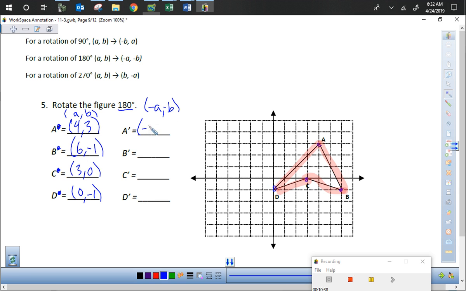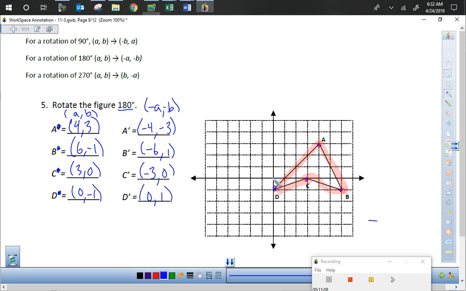So first up, the opposite of 4 is -4. The opposite of 3 is -3. B prime, we're switching to -6 and then switching to +1. C prime, -3, but 0 stays the same because we can't have a -0. Same thing goes for the next one. We'll keep that 0, but then the opposite of -1 is +1.